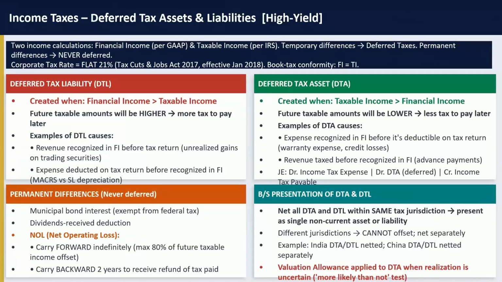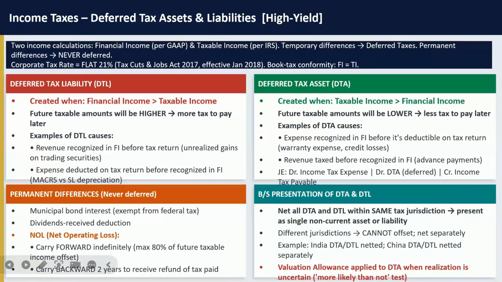Can anybody tell me what are the two types of income that we calculate in the US? Perfect. Financial income and taxable income.